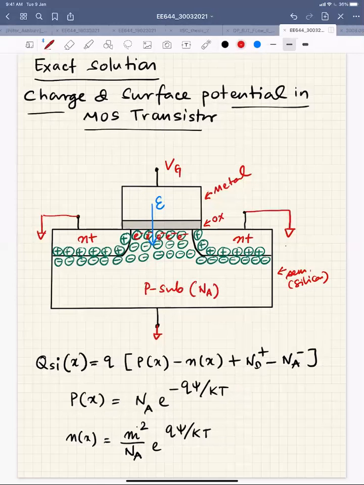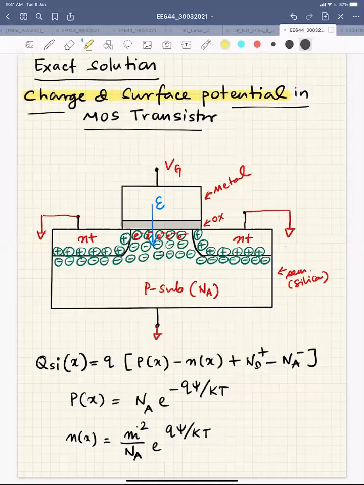So finally, we are interested in these mobile charges, but we also want to know how much depletion charge is needed to create them. So we'll do this exact solution and see the relation between charge and potential in the MOS transistor, that is, the charge and potential in the silicon.